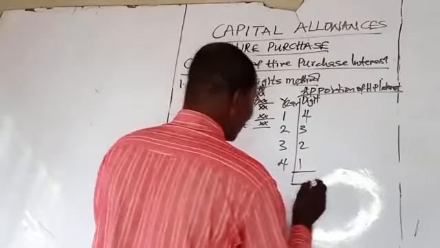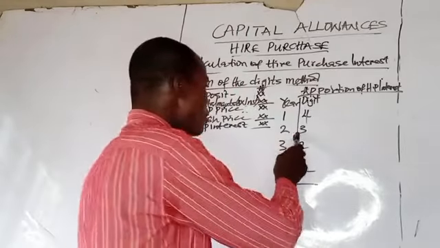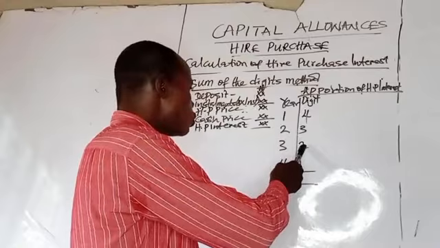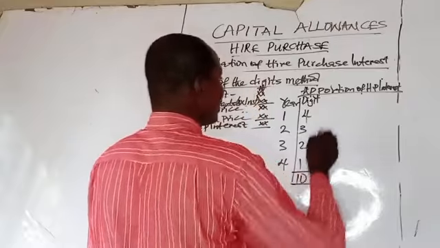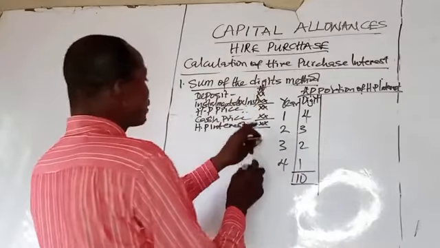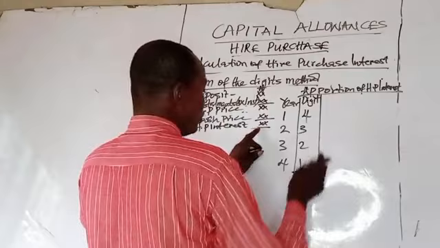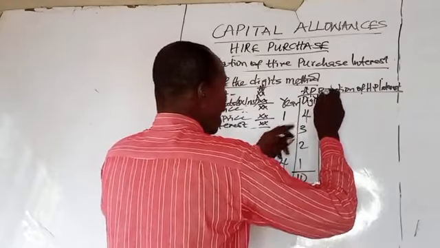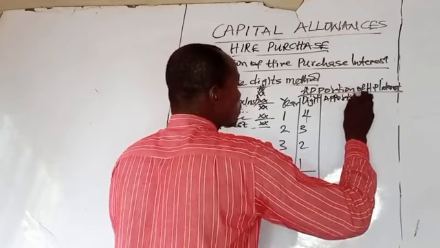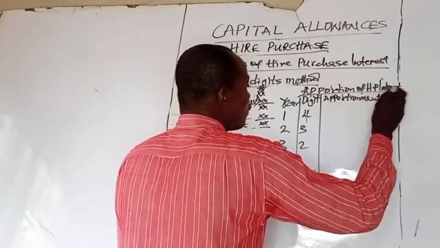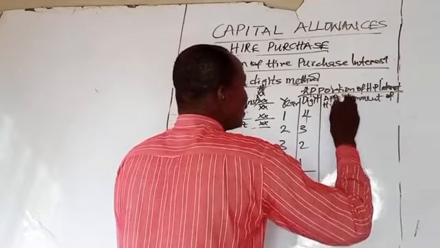So sum up the digits now. 4 plus 3, that will be 7. 7 plus 2, that will be 9, plus 1, that will be 10. The sum of the digits is 10. So the hire purchase interest you have got in here, you now apportion it. Apportionment of HP interest.